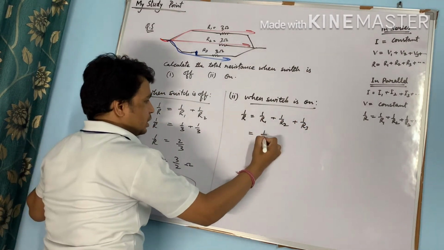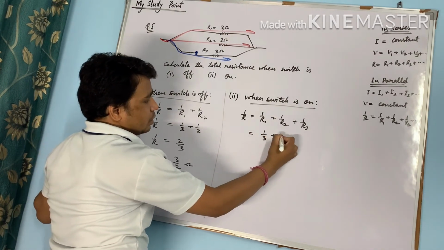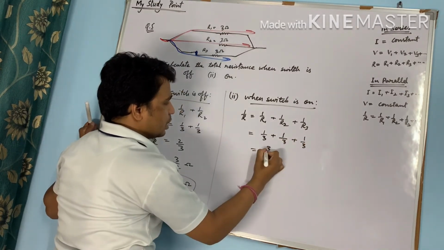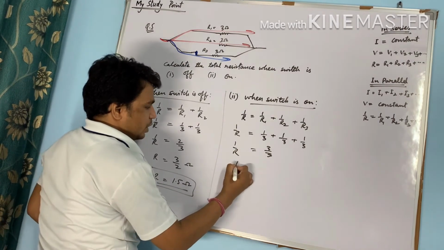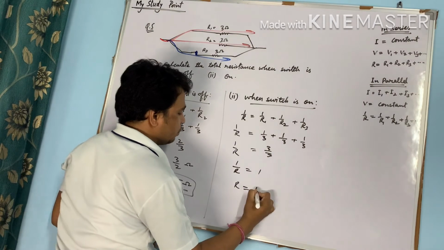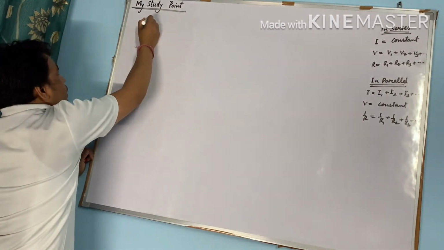All the resistors are 3 ohm each, so 1 by 3 plus 1 by 3 plus 1 by 3, this is 3 by 3. So 1 by R is 1, then R is 1 ohm, answer.